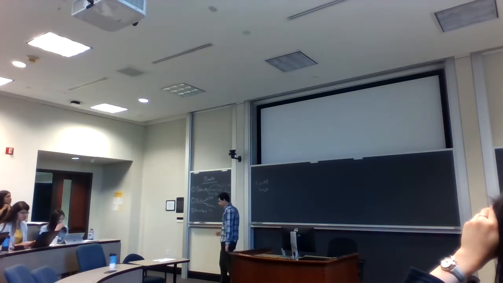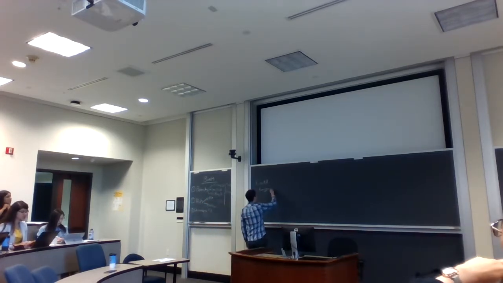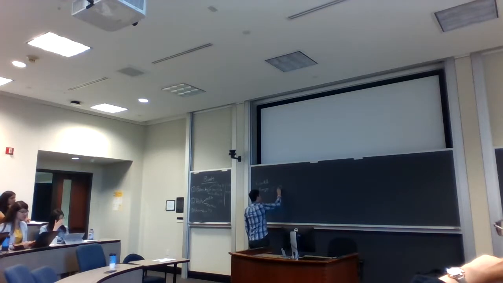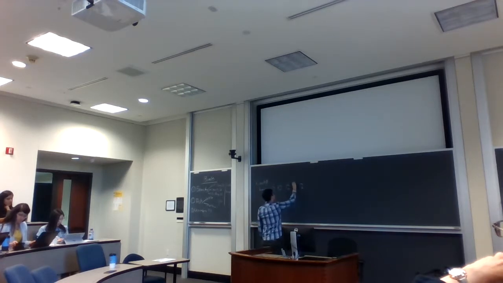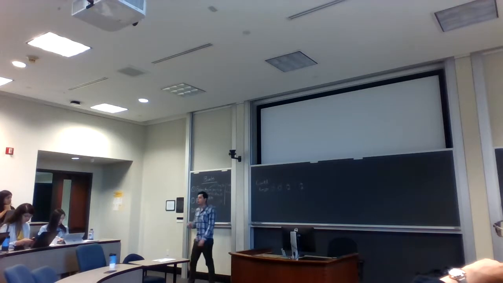So count A is essentially a formula that counts non-blank cells in a given range. So if you have a bunch of rows, 1, 2, 3, 4, 5, and I apply count A to this range, what number will it return? 4, right?